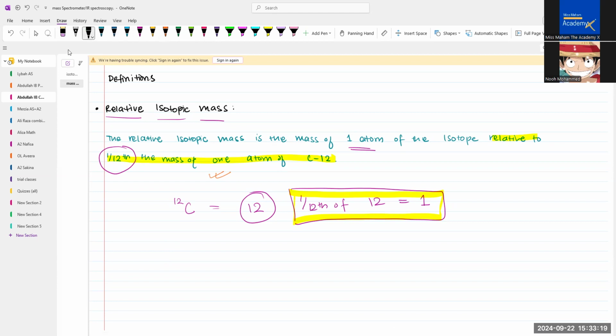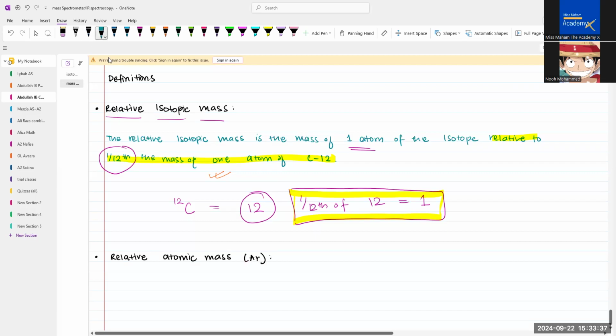Then we have relative atomic mass, that is the AR. This is the weighted average of all the isotopic masses.